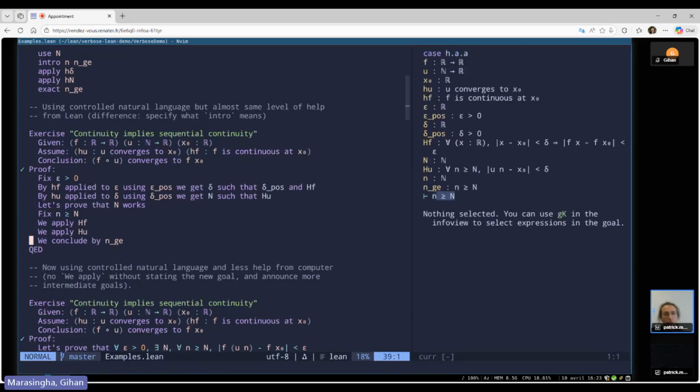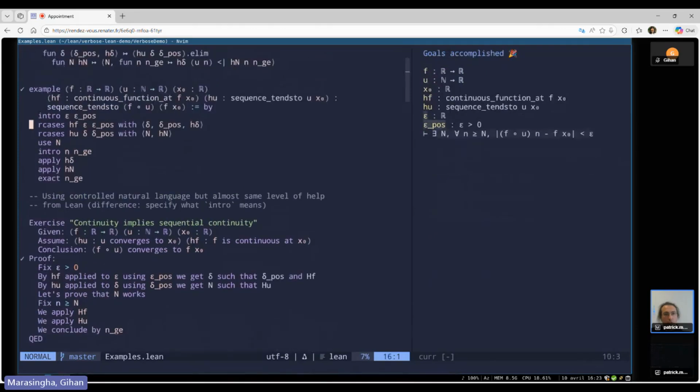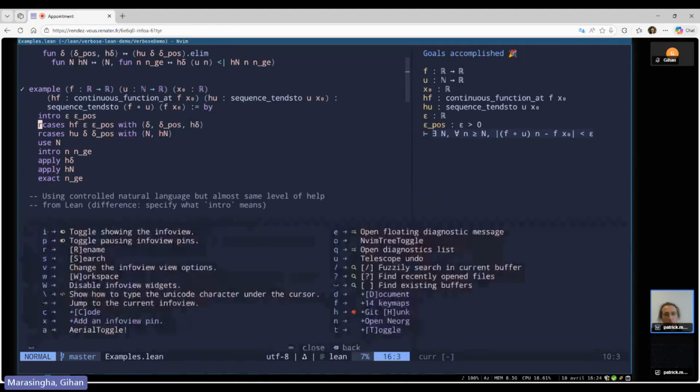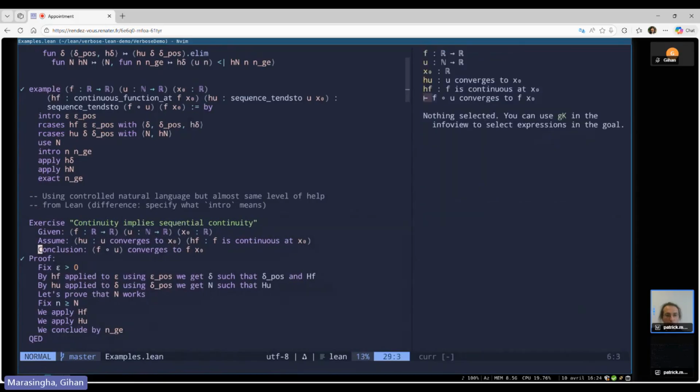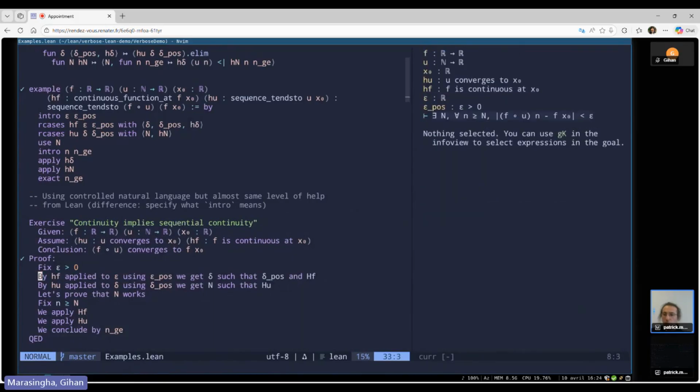Like, instead of this line, rcases HF epsilon epsilon_pos with delta delta_pos H_delta, you can write something like: by HF applied to epsilon in epsilon_pos, we get delta, delta_pos, and I don't know what this one is called, HF and not that. But that would be the first layer you can use. It's already easy to transfer to paper.